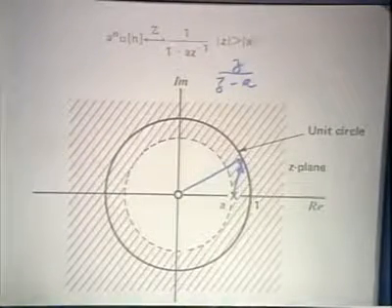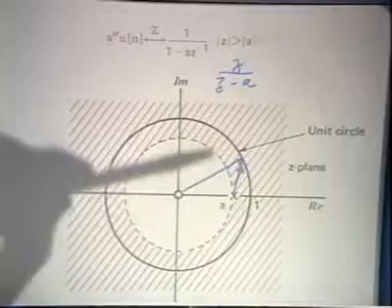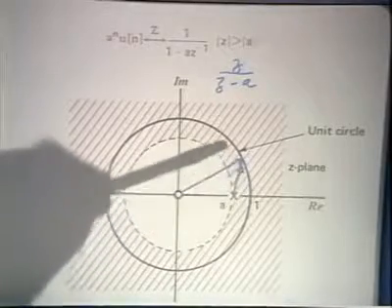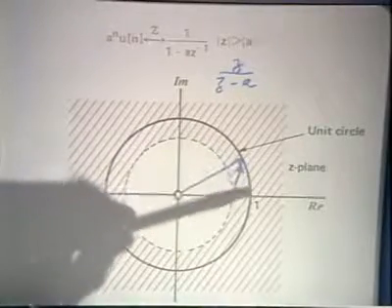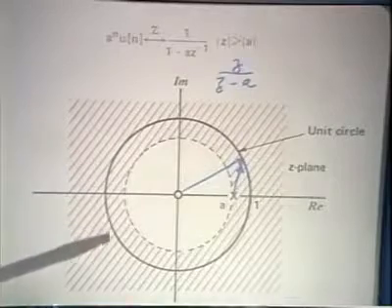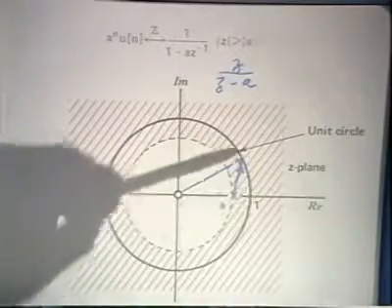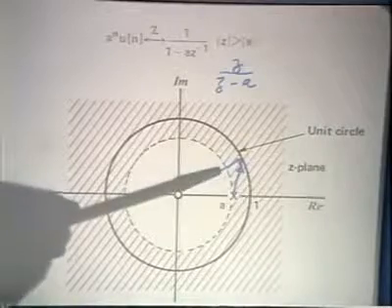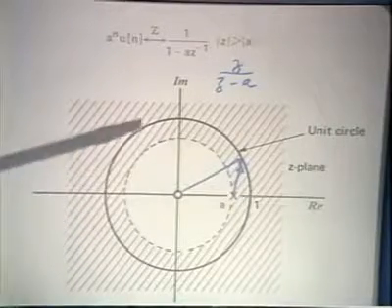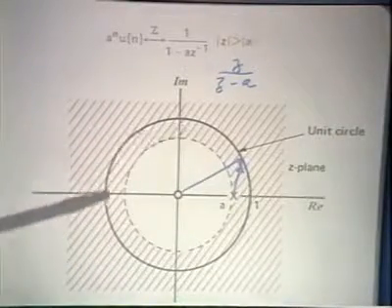And to observe the Fourier transform, we would observe how those vectors change in length as we move around the unit circle. And as we move around the unit circle, what we would trace out in terms of the ratio of the lengths of those vectors is the Fourier transform.